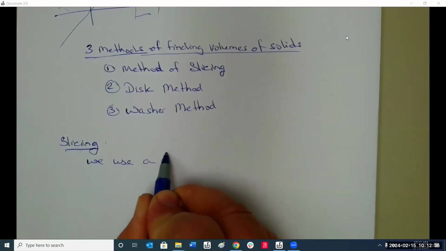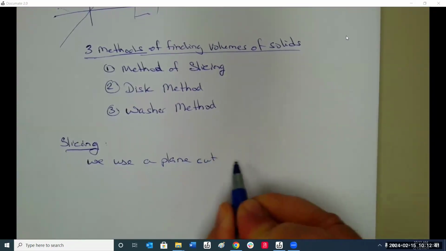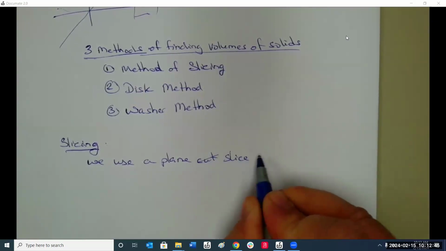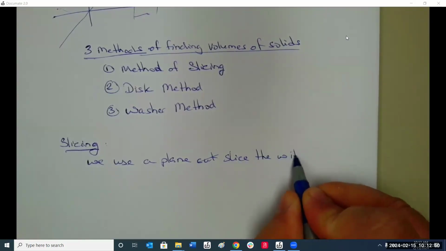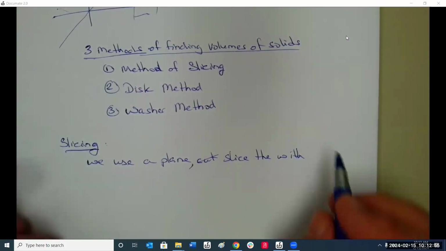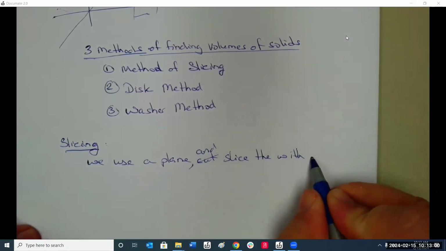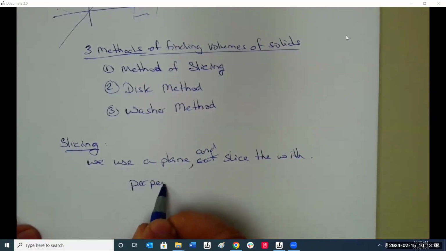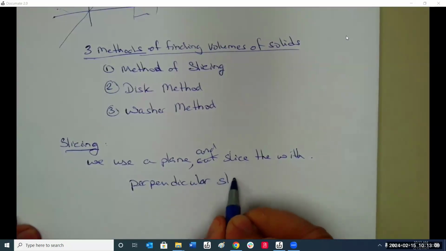We use a plane and cut, or actually slice, the solid with perpendicular slices.